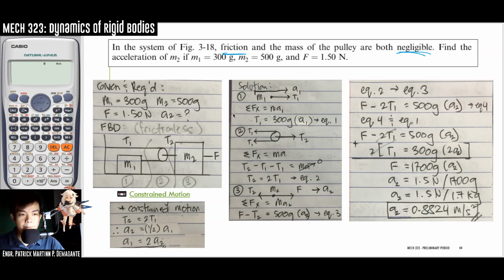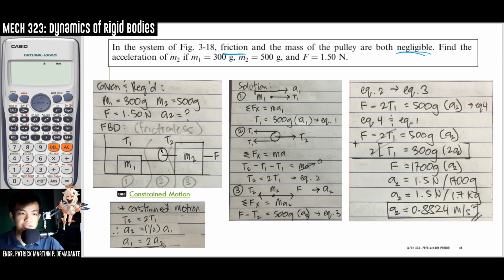So, kunin muna natin. Hatiin natin yan. Hatiin natin yung system natin into 3 para ma-relate natin sila. So, yung 1, ito yung parang FBD natin. FBD and kinematics diagram. Kinetic diagram. Summation of forces along X is equal to M times A1.